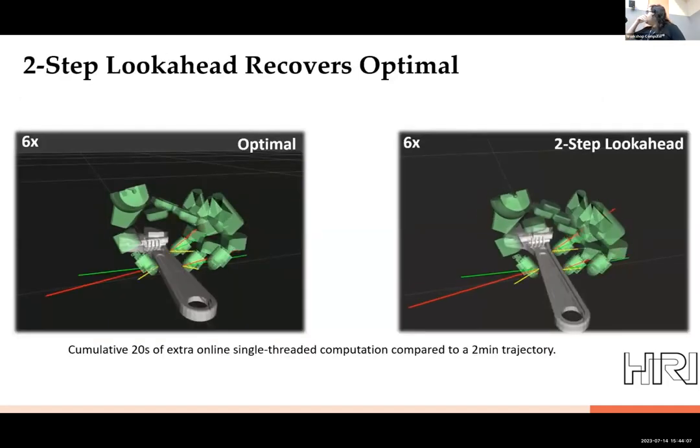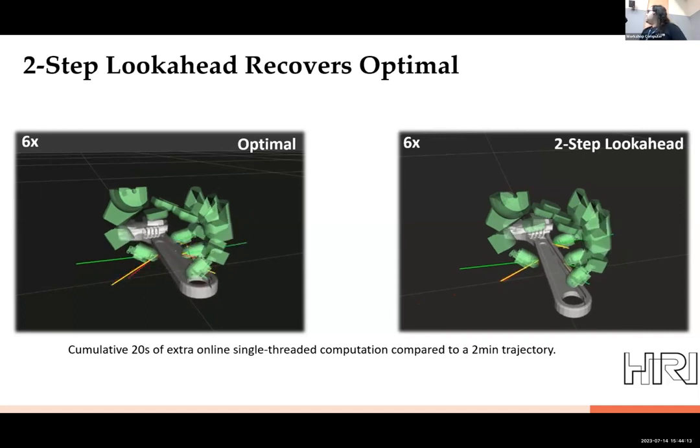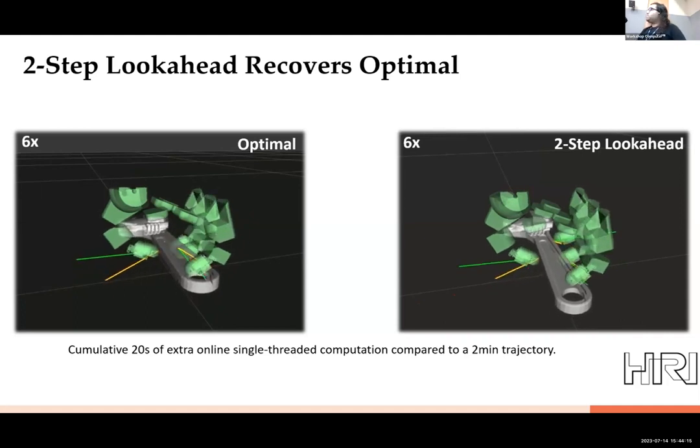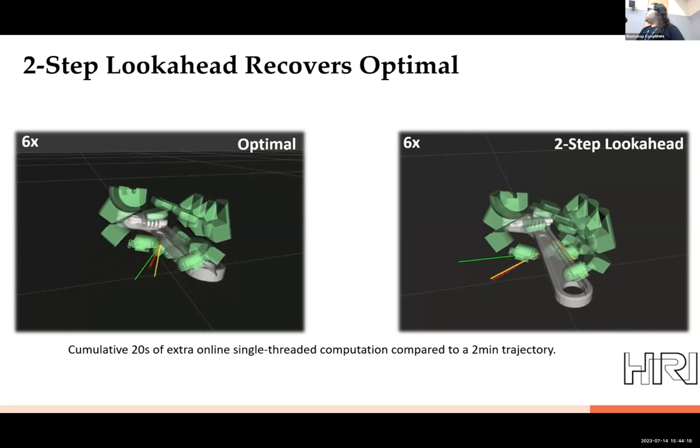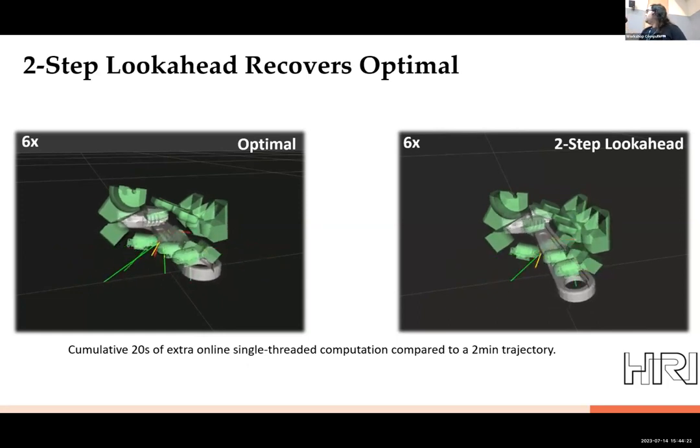But if we just add this 1 or 2 step tree search look-ahead, we can recover what we would have been able to do if we had added this perturbation to the RL training distribution in the first place. So we recover what we call the optimal policy here.